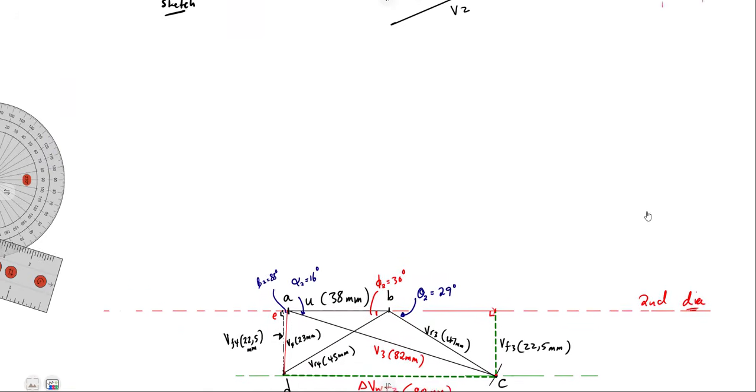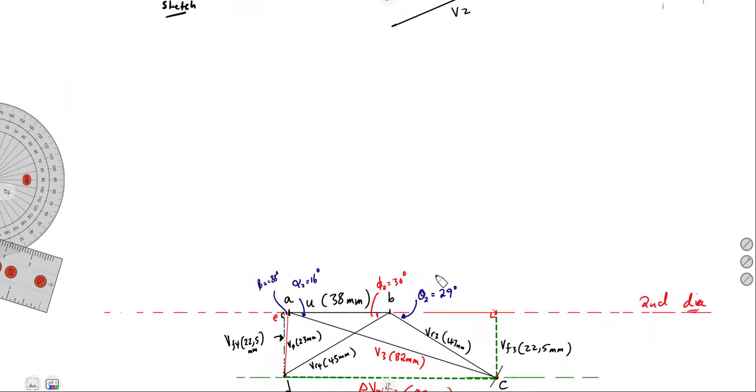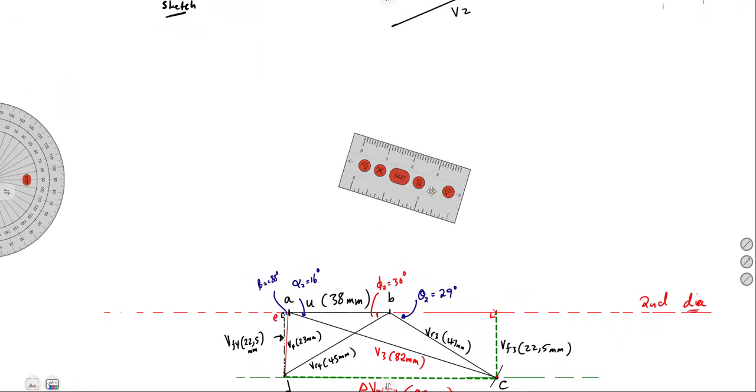So let's construct from the second diagram. You are going to take this one up from A here, but do not change this. Let me use a ruler so that I have an exact diagram.